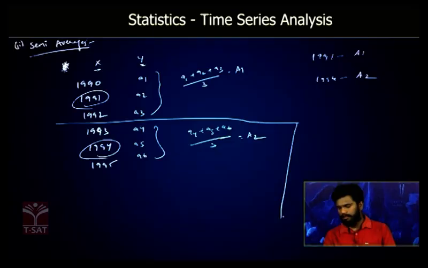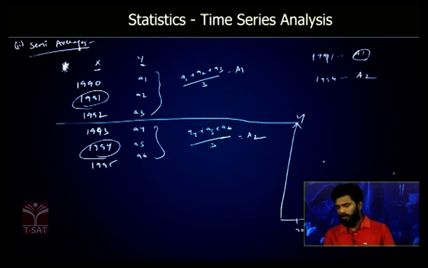I will just draw the graph with X and Y, with the years 90, 91, 92, 93, 94, 95. With respect to 1991, I will plot the A1 value. With respect to 1994, I will plot the A2 value here.